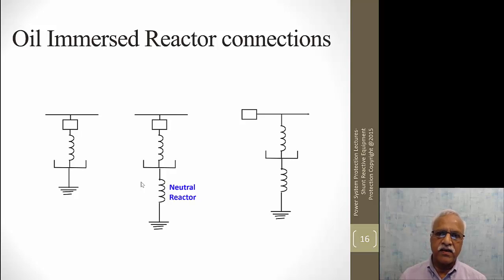When you trip only the faulted phase, the arc continues to flow because of the capacitance from the other two phases. This is called the secondary arc. Even after the breaker opens, to quench this arc, we use neutral reactors, which compensate for the capacitive coupling.